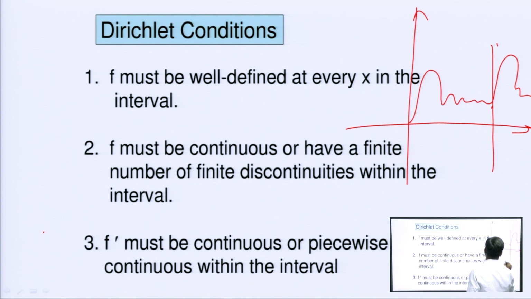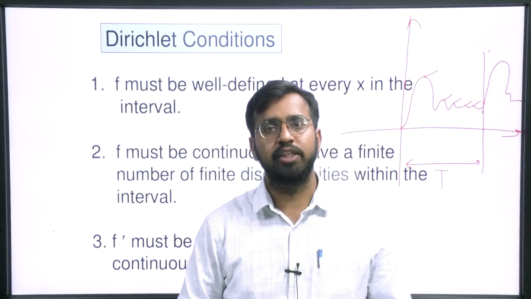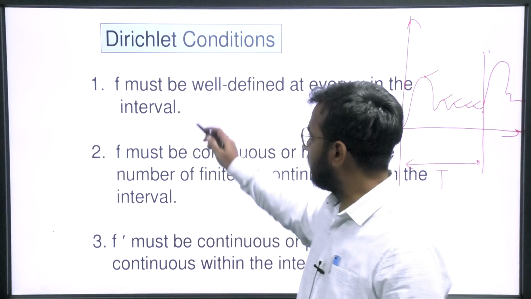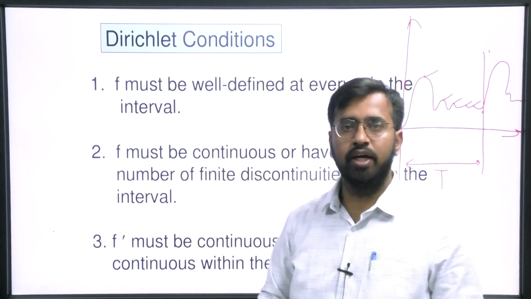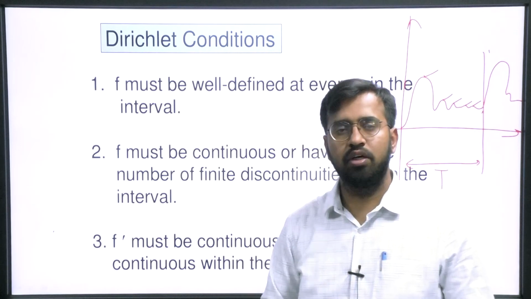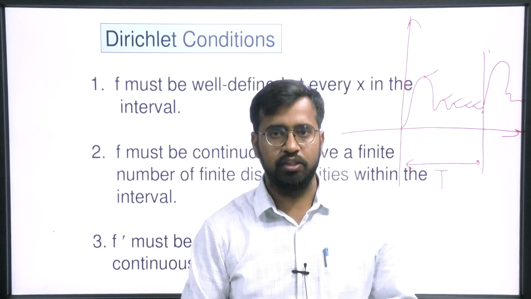If this is one time period, here you can see I have drawn it broadly, where there are many maxima and many minima. So, this also violates the Dirichlet condition. Thus, the function must have a finite number of maxima or minima. These three conditions must be satisfied for any function to be represented in the form of Fourier series.